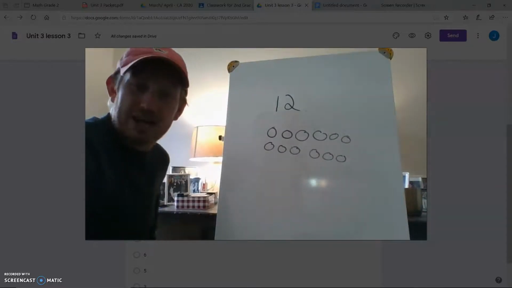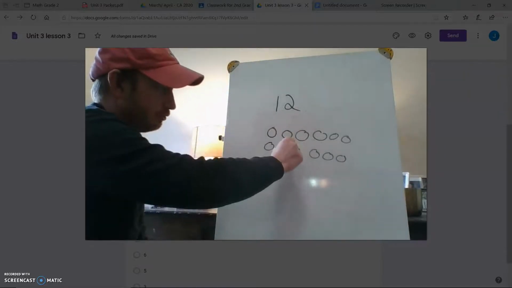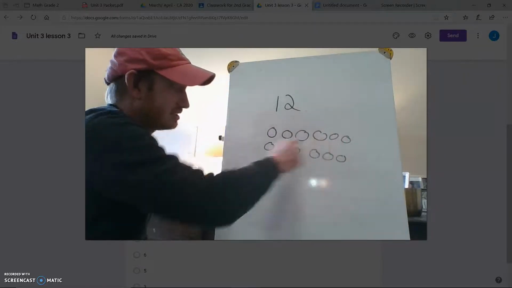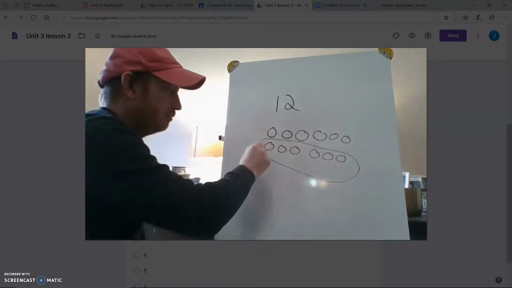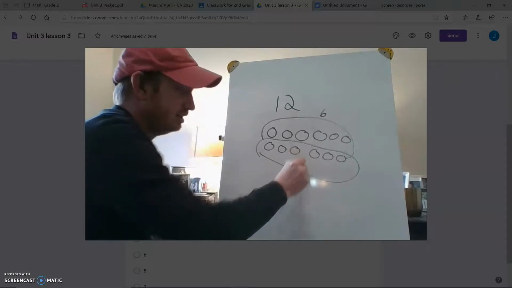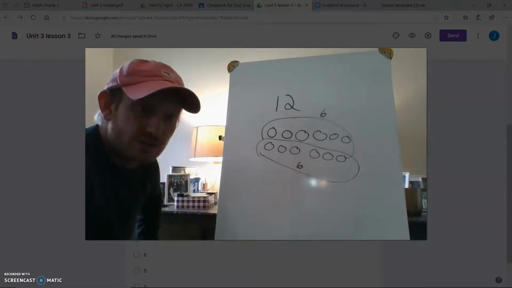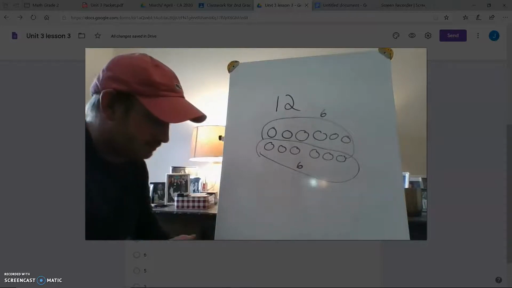And from my picture, I can see I have 1, 2, 3, 4, 5, 6. 6 on the bottom and 6 on the top. I got 6 up here and I have 6 down here. So I have 2 equal groups, which means that it is even.